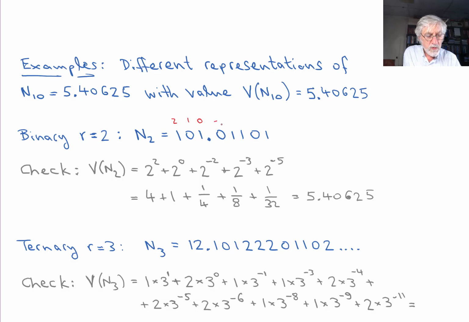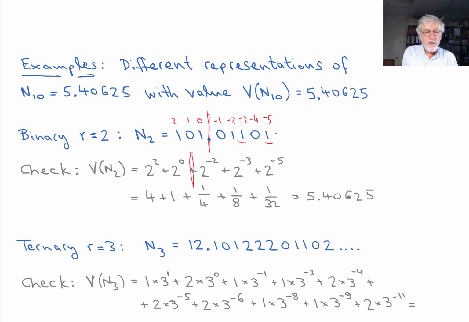We have no 2 to the minus 1, but we have a 2 to the minus 2 and a 2 to the minus 3, and no 2 to the minus 4, but a 2 to the minus 5. So for the fractional part, to the right of the radix point, we have 2 to the minus 2 from this digit here, 2 to the minus 3 from this one, and 2 to the minus 5 from the last one.